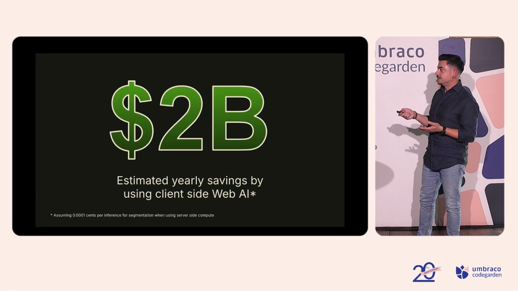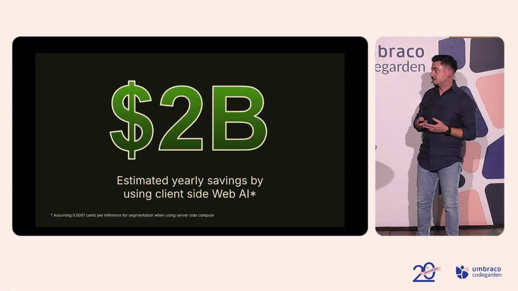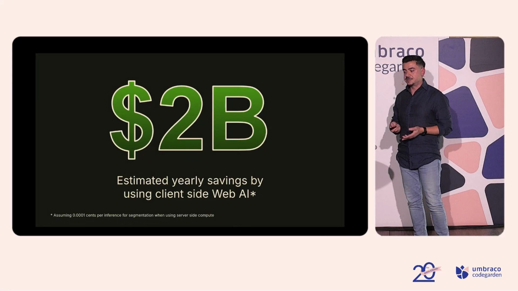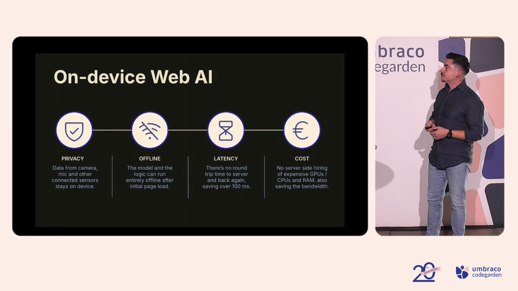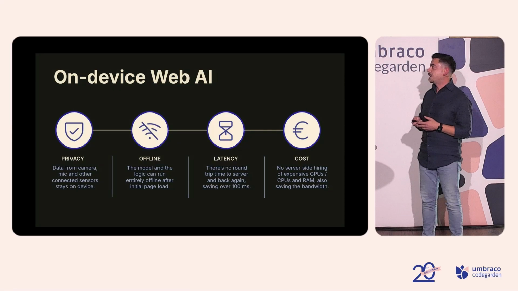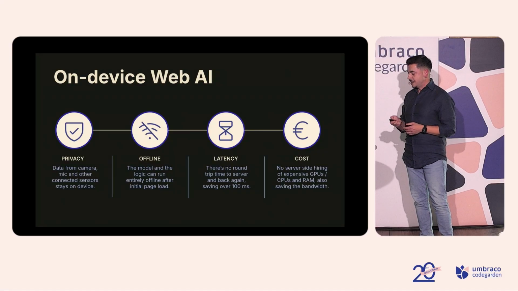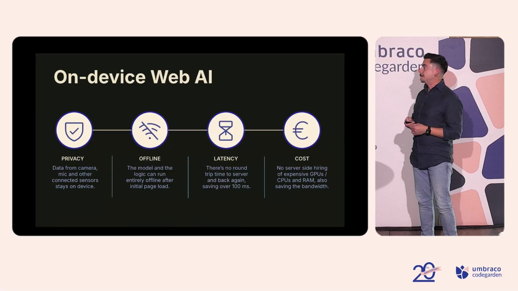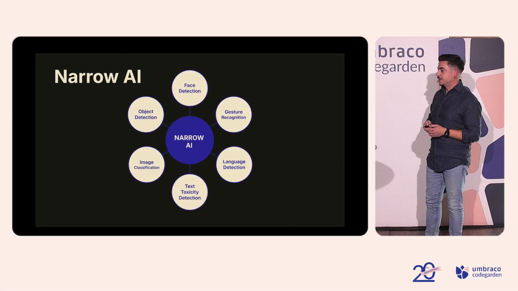And the estimated yearly savings by using client-side web AI for this purpose would be $2 billion, assuming you're paying 0.0001 cent per inference, which is very, very low. So all these benefits make on-device web AI quite useful for our applications. Very interesting use cases are created, and I'm going to also show them on the next slides.